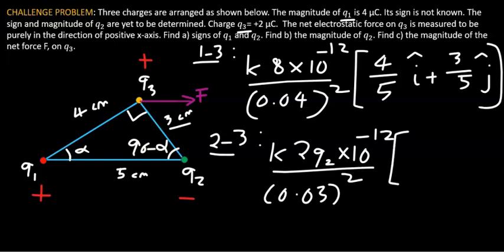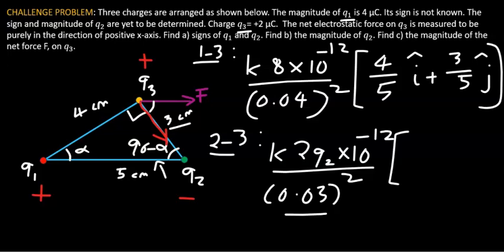Now let's calculate the components. Now we're dealing with an attractive force. Q2 would attract Q3 along that direction. So this force has an x component and a y component. The x component is this number times cosine of that angle, and that is 90 minus alpha. Cosine of 90 minus alpha is just sine of alpha.